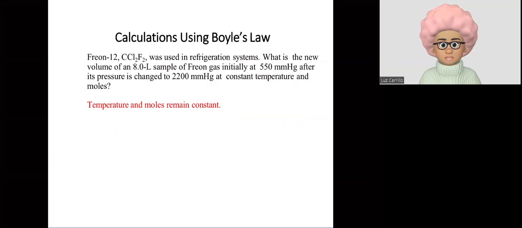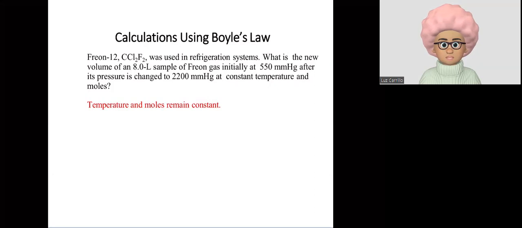The question reads, what is the new volume of an 8.0 liter sample of Freon gas initially at 550 millimeters of mercury after its pressure changed to 2,200 millimeters of mercury at constant temperature and number of moles?